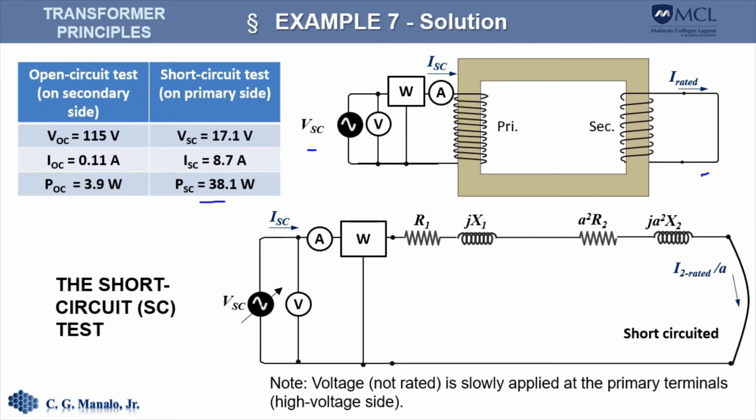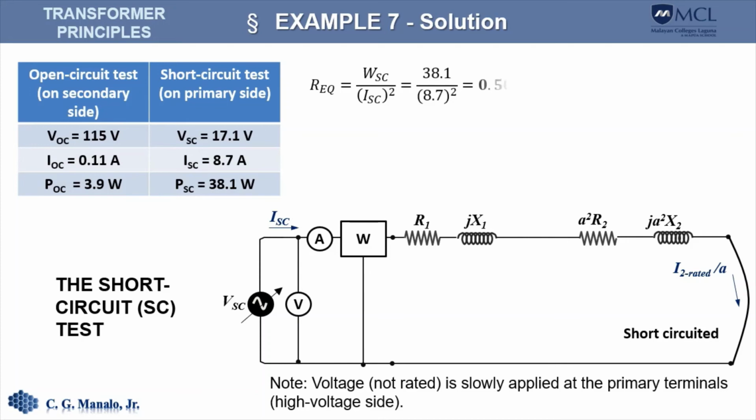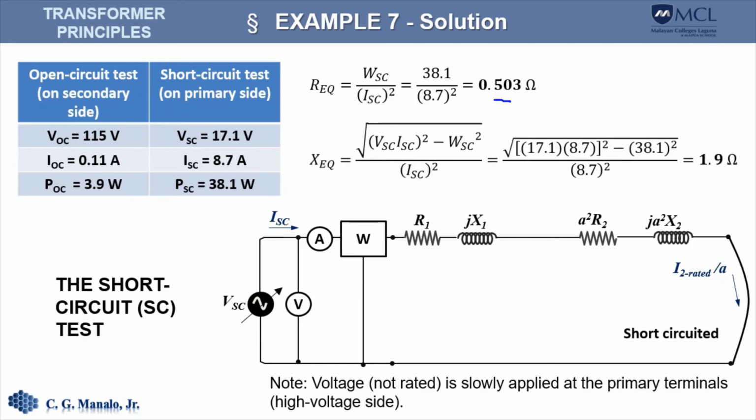Since again the setup is the same as when we showed the derivation of the formula for the short circuit test, we simply copy the formula, and so here is the equivalent series resistance. So Req is 0.503 ohms, and for Xeq we get 1.9 ohms.